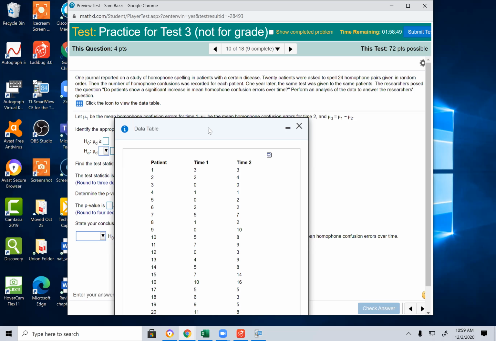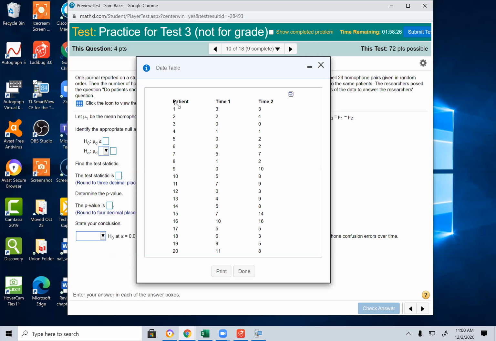Then the number of homophone confusions was recorded for each patient. 1 year later, the same test was given to the same patients. The researcher posed the question: do patients show a significant increase in mean homophone confusion error over time? Perform an analysis of the data to answer the researcher's question.